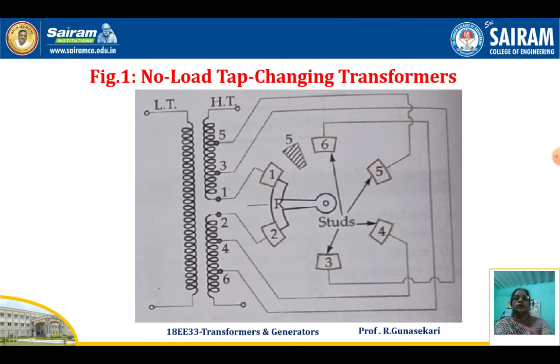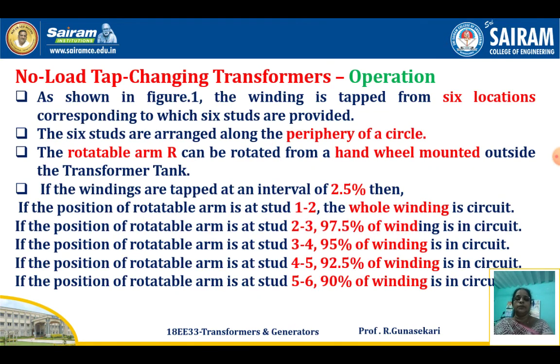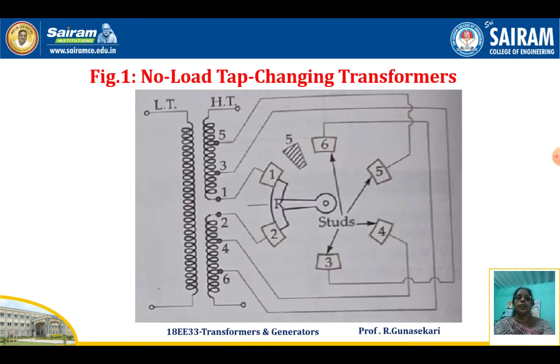Now what is the percentage? 100%. Okay, 100% of the winding is in circuit. Suppose the position of the rotatable arm is 2 to 3. Each interval is 2.5, so 100 minus 2.5 is 97.5.